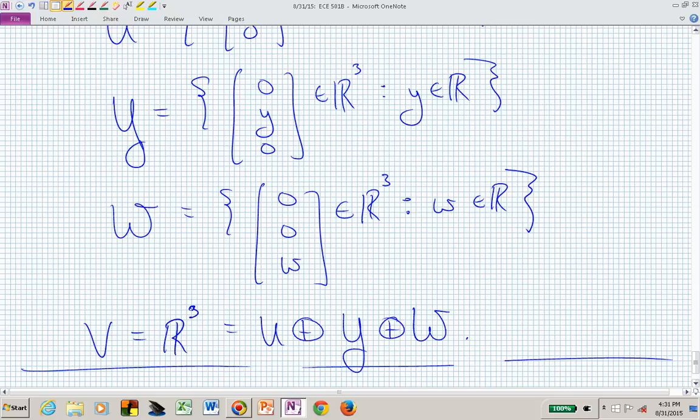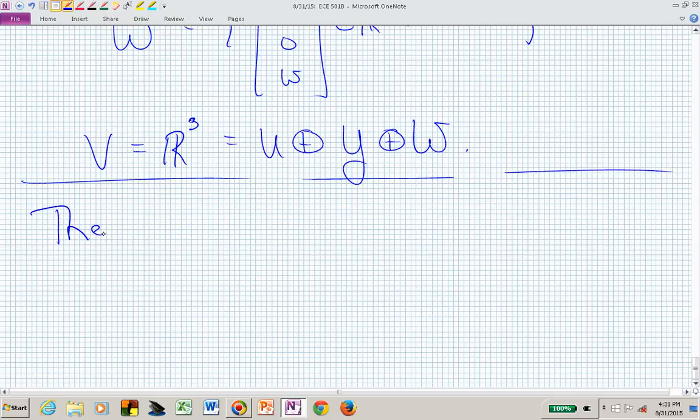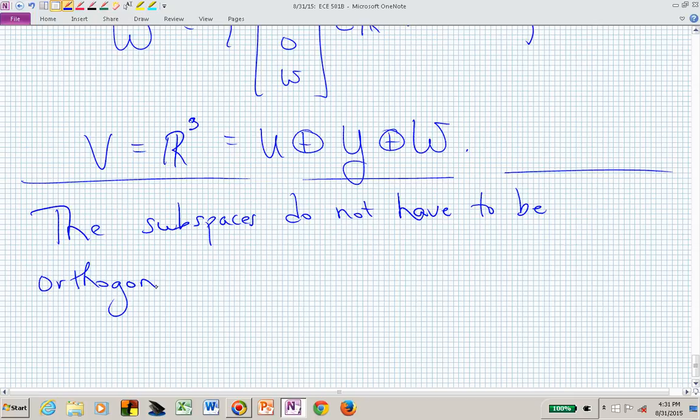A direct sum does not have to be an orthogonal decomposition of our underlying vector space. So the subspaces do not have to be orthogonal to provide a direct sum.